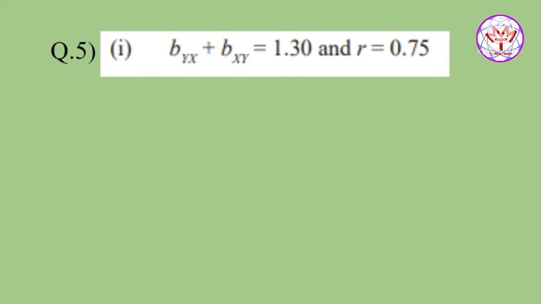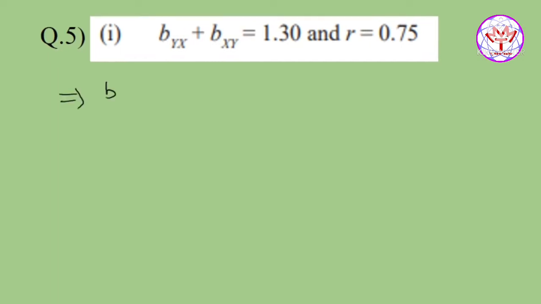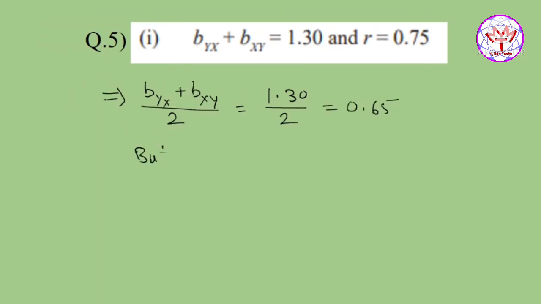Average of byx and bxy is given as byx plus bxy upon 2, that means 1.30 upon 2, so that is equal to 0.65. But r is equal to 0.75, this is what is given. So we can see that byx plus bxy upon 2 is smaller than r. Hence the given data is inconsistent.